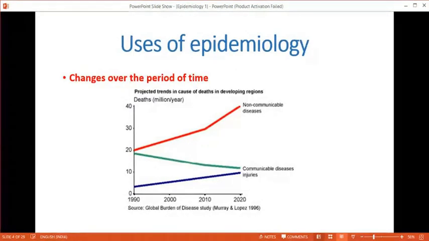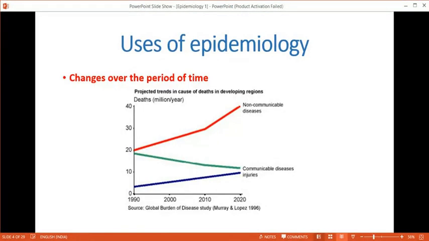If you look at this graph which is given there, the blue lines show the injuries, and the lighter blue or the greenish color shows the communicable disease, whereas the red one is the non-communicable disease. If you see it from 1990 to 2020, the disease as it has progressed, the injuries have actually increased a lot.